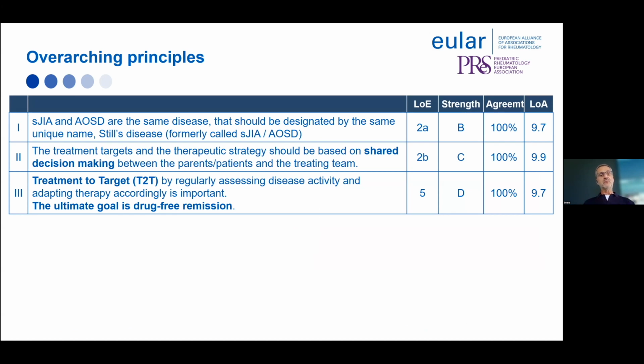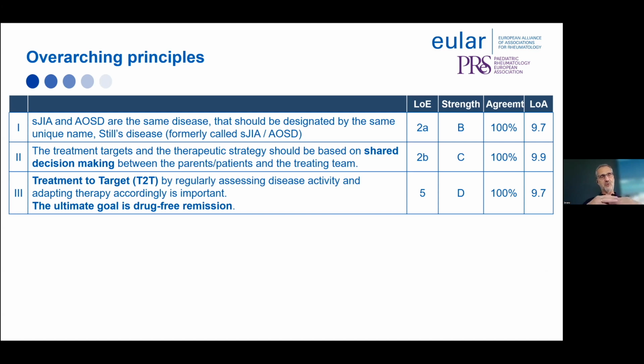The second one was the notion of shared decision making, really to involve the patient and the family of the patient in our decisions, our understanding of the disease, and what could be the way of managing the disease. Another very important point is that we have to adjust the treatment depending on the disease activity. So it's not just one standard treatment which will fit every patient.